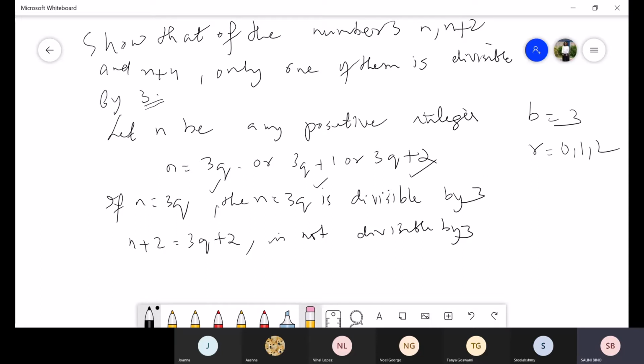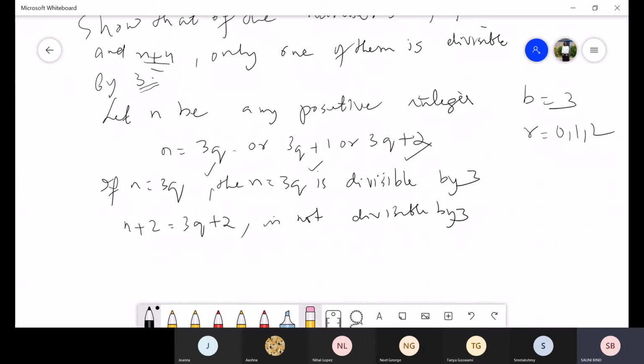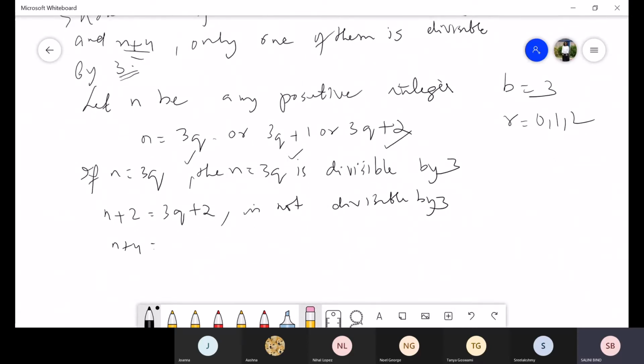Now what is the next number? n plus 4. So n plus 4 means 3q plus 4. What about 3q plus 4? I can write it as 3q plus 3 plus 1, and in the next step 3 into q plus 1, plus 1.